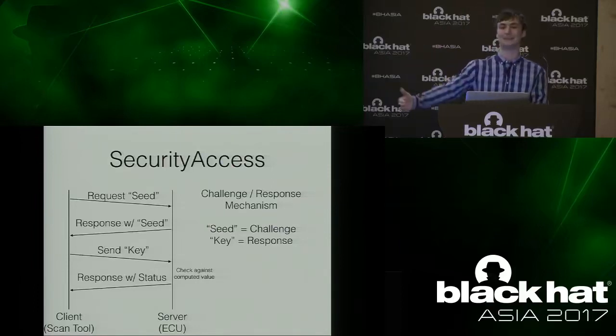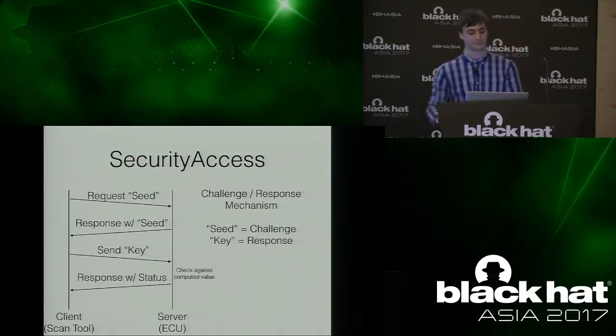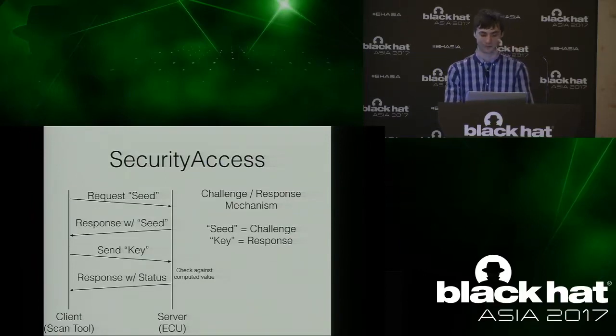You send the key back, and then what the ECU will do is compare the thing you sent it with what it calculated based on the random number and some magical algorithm. And then if it was good, you sent the right thing, it will say, cool, I'm unlocked now. If it was bad, it will give you a negative response saying, you got the key wrong, try again. And yeah, that's exactly really how all this ends up working. It's just request, response, unlocked, done.